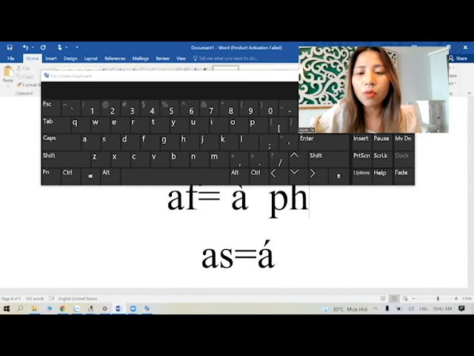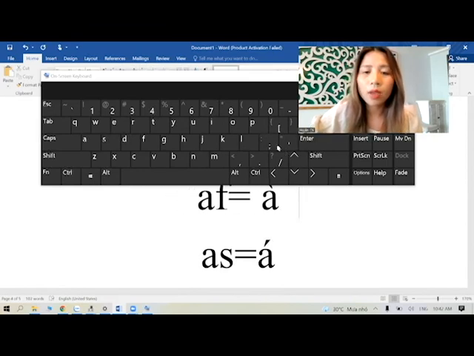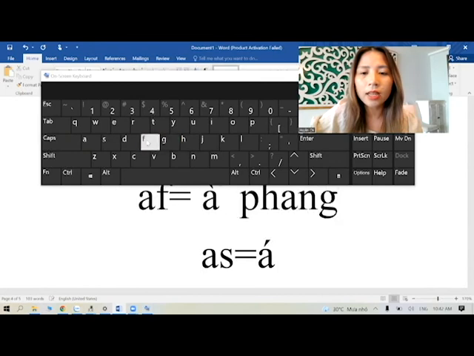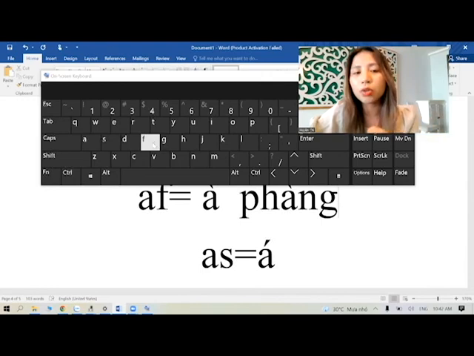Or sometimes there will be a longer word. Let's do PHANH. It's like you finish the word and you put F, and it will still put the right tone on the vowel. But if there are a lot of vowels in the word, then you should probably type it right next to the vowel.